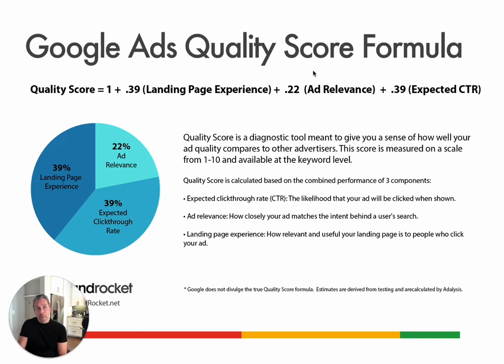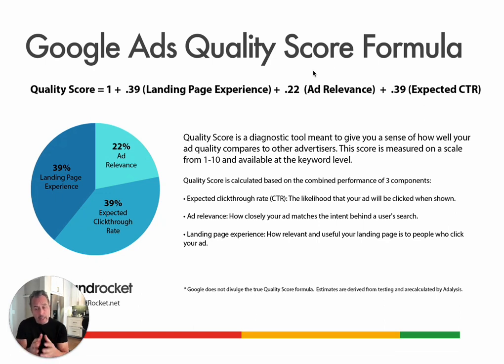We talked about ad relevance. Well, I'm going to really get into it in the next video where we're talking about the keyword development, because when we build out keywords, we put them in very tightly themed ad groups. And we do that for a reason, because your ads come out of your ad groups, right? And if you have tightly themed keywords in an ad group, you can control ad relevancy.